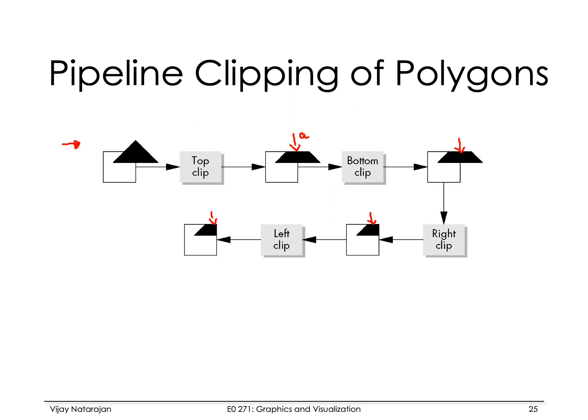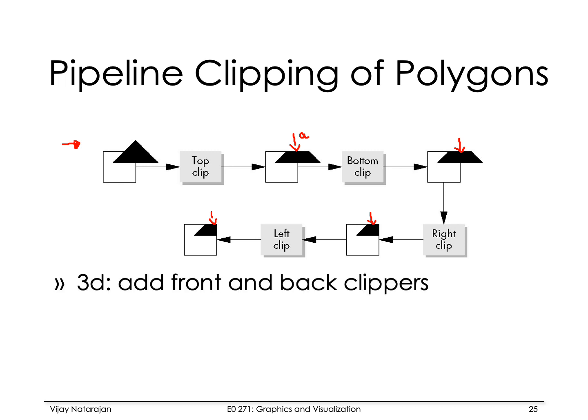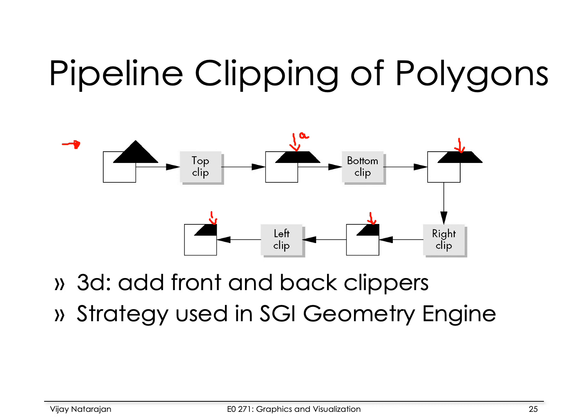So this is the benefit of this pipelined approach of clipping polygons. If you'd like to do this in 3D, of course, you can add 2 more clippers for the front and back plane. In fact, this was the strategy used in the first graphics hardware from SGI. And this was one of the early uses of parallelism in the graphics pipeline.